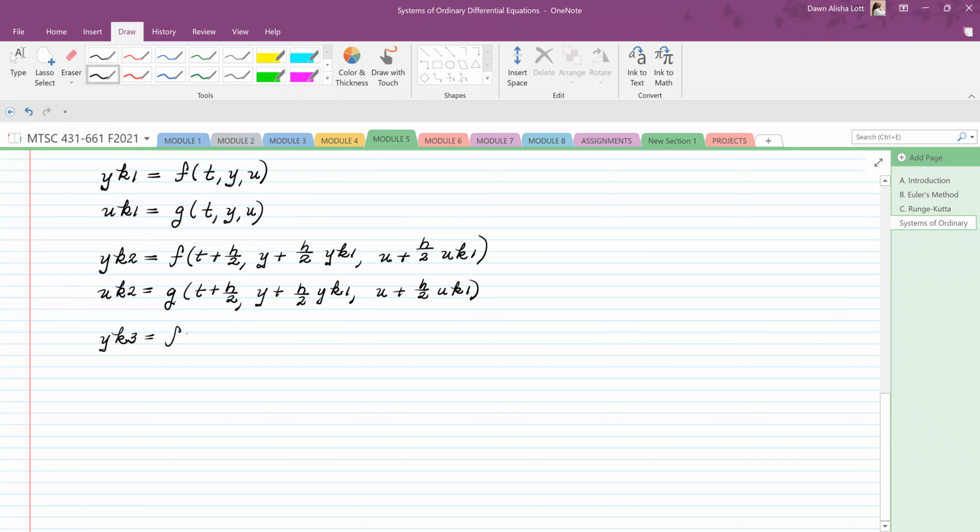Okay, so now we have those slopes, and then now we will do yk3, and that's going to be f of t plus h over 2, and now we're going to have y plus h over 2 multiplied by yk2, and then u plus h over 2 multiplied by uk2.